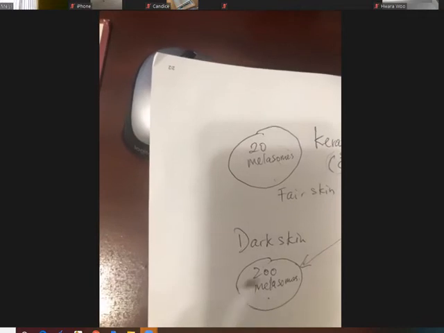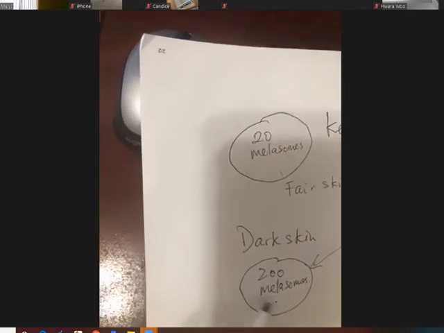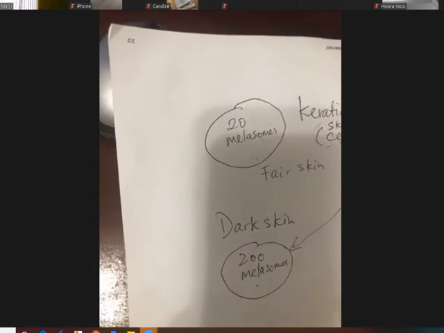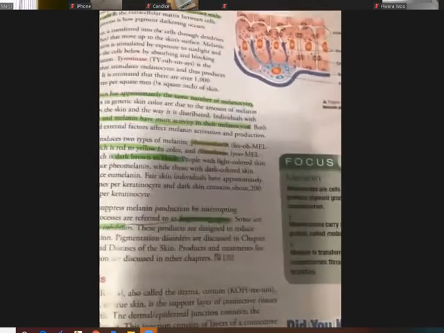That's why you become dark skin, because you have 200 factories. So the more melanosomes, like factories, the more melanin they produce, so the skin is darker. Understand? Okay?